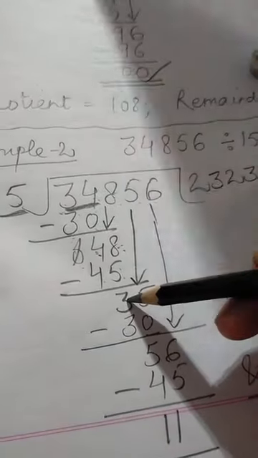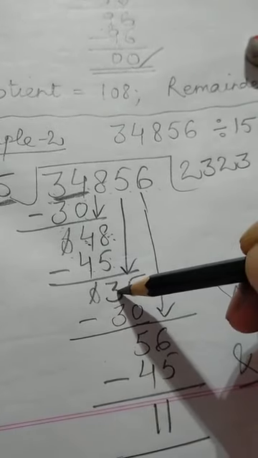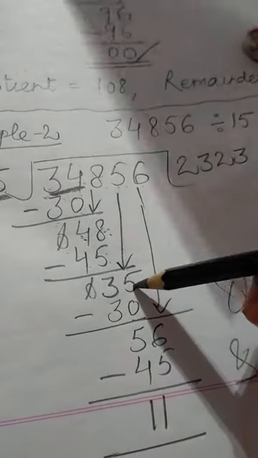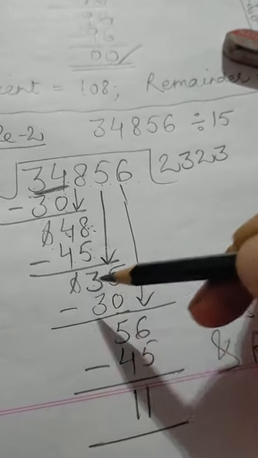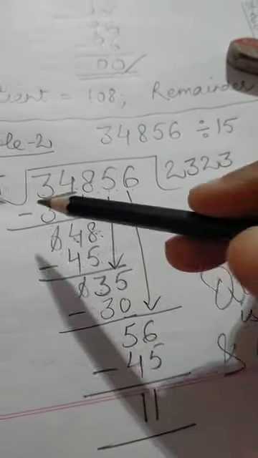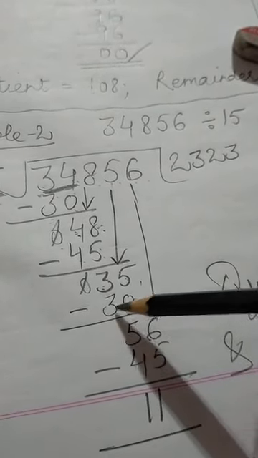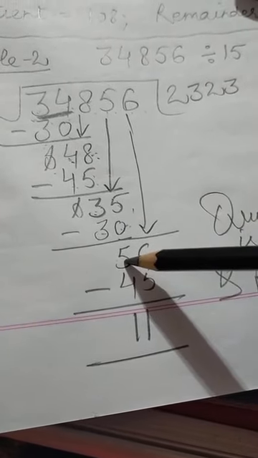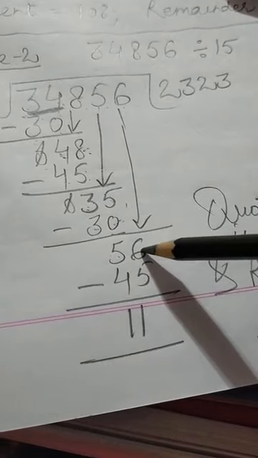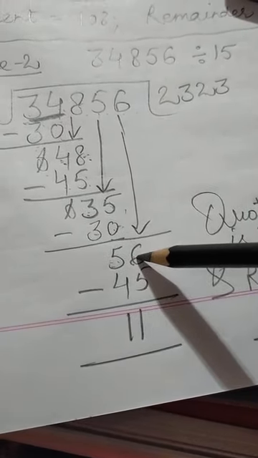8 minus 5 is 3, and 4 minus 4 is 0, which we ignore, so only 3 remains, and the next digit comes down, becoming 35. Under 35 we write 30, 15 times 2 is 30. 35 minus 30 is 5. The next digit comes down, 6, so it becomes 56.